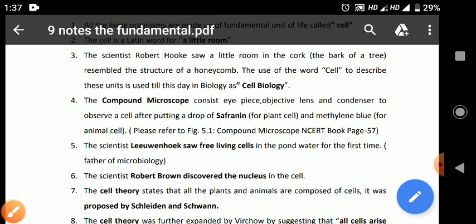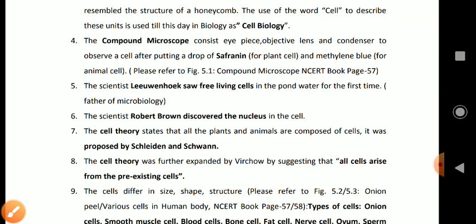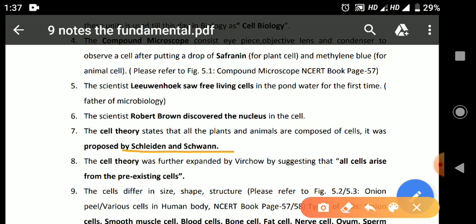After that, two scientists came, Schleiden and Schwann. They gave the cell theory for all living organisms. They stated that all living organisms, may be microorganisms, plants, or animals, are all made up of cells. This cell theory, given in 1839, was further expanded in 1855 by Virchow.